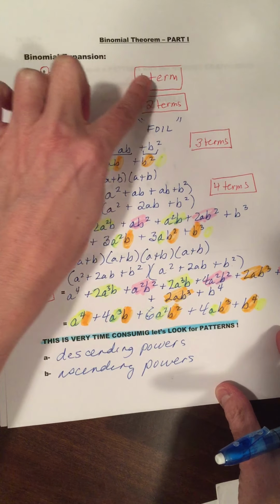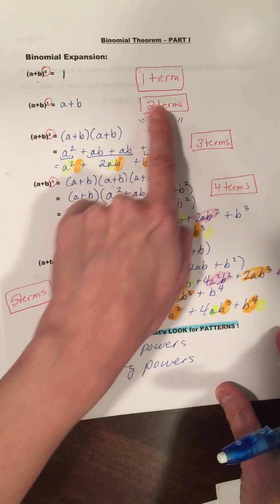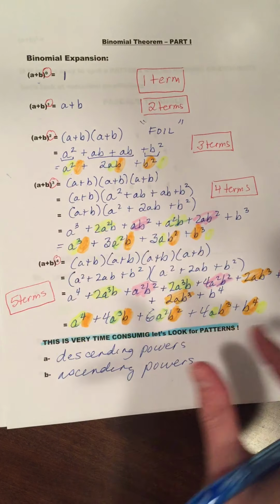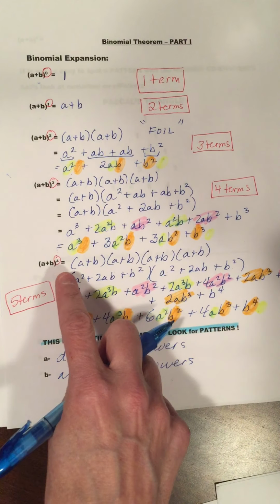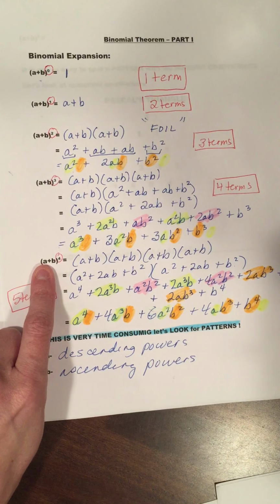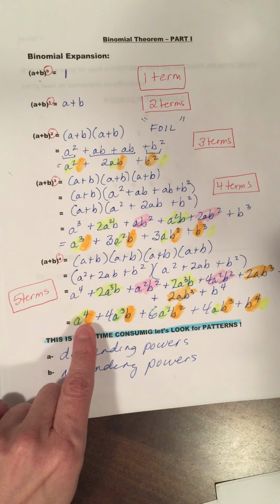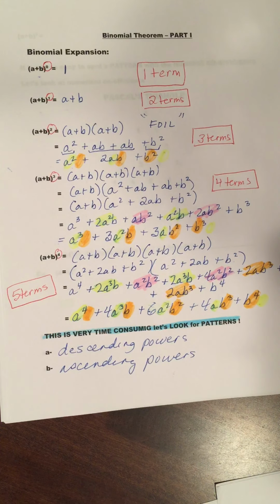Exponent, number of terms. Exponent, number of terms. So the first rule I'm developing is, whatever my exponent is, I'm going to have one more term in the final answer. That's rule number 1. Rule number 2, whatever my first term is in the binomial that I'm expanding, those powers better be in descending order.